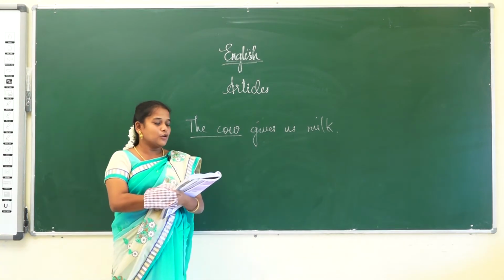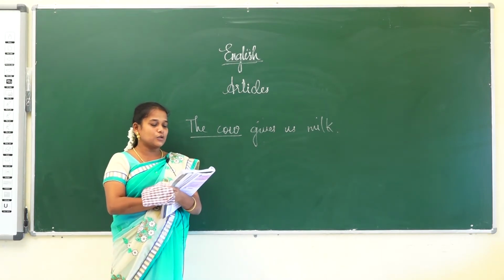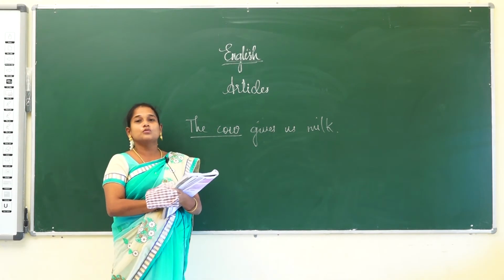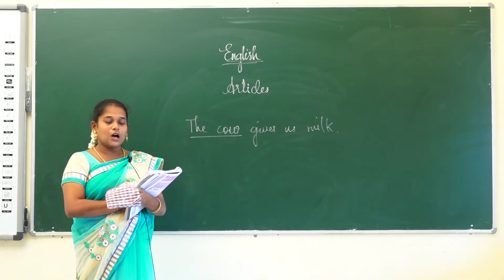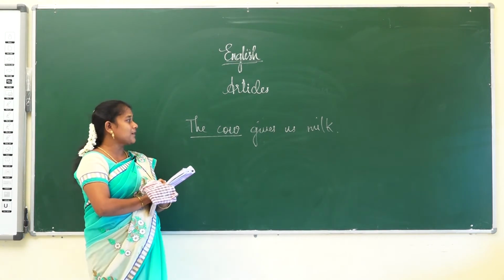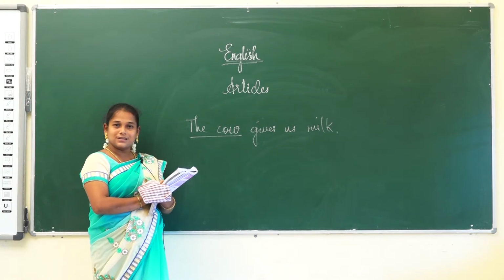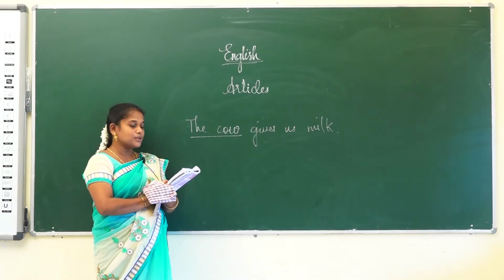We will use the when it is clear to the listener or the reader which person, animal, place or thing we are referring to. So, when we refer to a person or animal, here we have represented an animal. When we represent a person, the teacher or the judge, the doctor, we will use the term the.